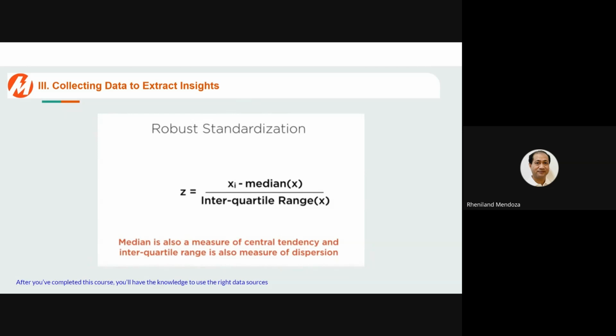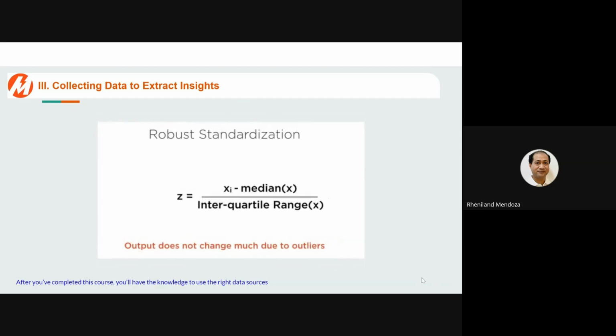Robust standardization involves subtracting the median of your data from every value, x_i to x_n, and dividing by the interquartile range. This technique is called robust standardization because the output does not change much due to the presence of outliers.